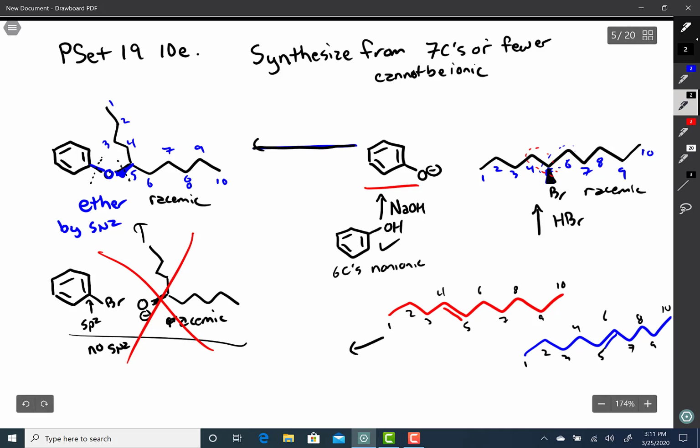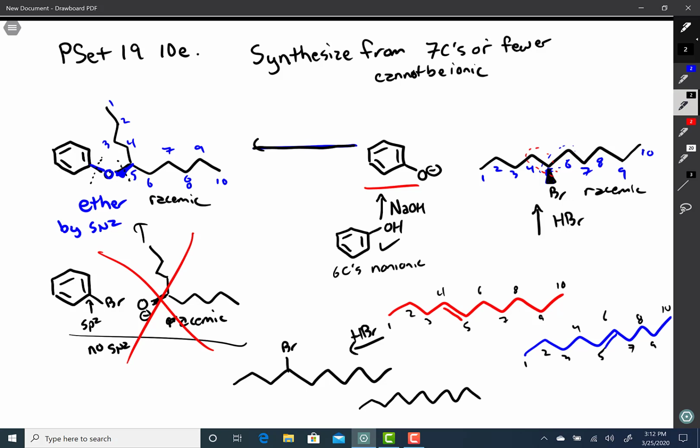And so if we were to do HBr to this, we would get the bromine on carbon 4, or you get it on carbon 5.